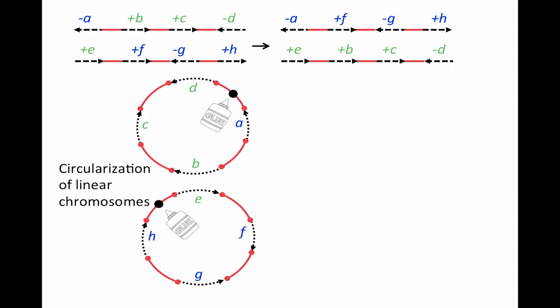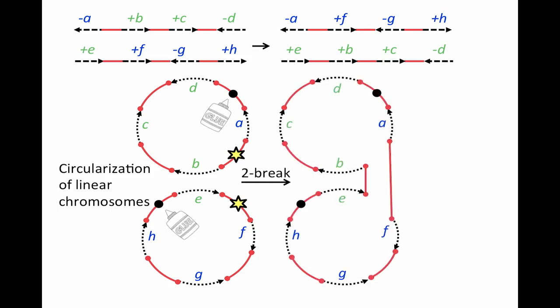And after we circularize them, let's perform this 2-break. We'll choose these 2 edges, we'll remove them, and substitute them by other 2 red edges. And afterwards, we will simply remove the edges that we used for circularization, which is essentially linearization of circular chromosomes. So if you look at this, then you see that we essentially mimic translocations using our graphs.